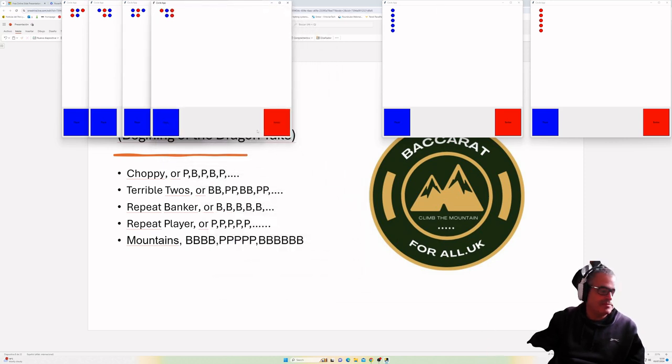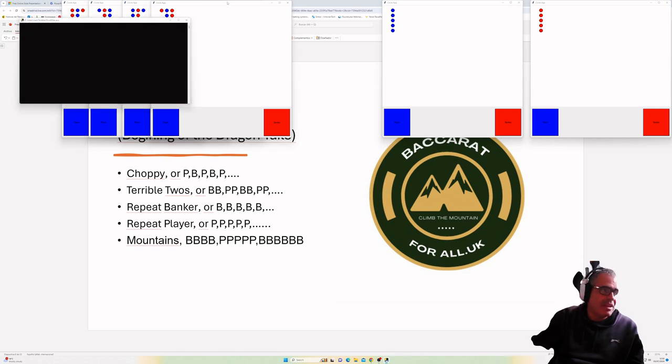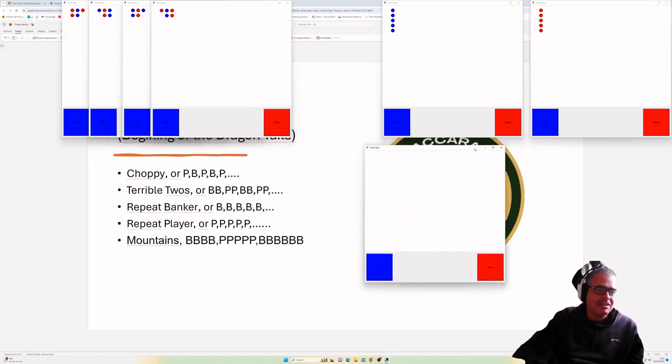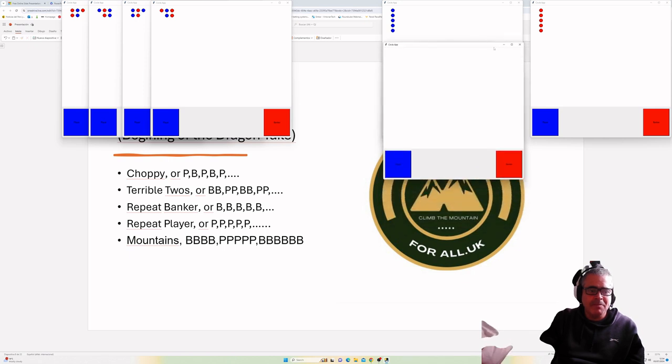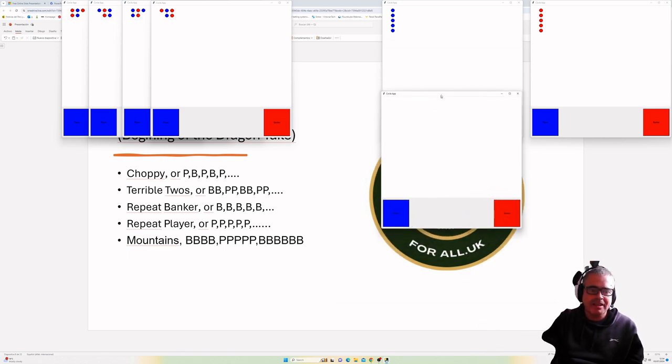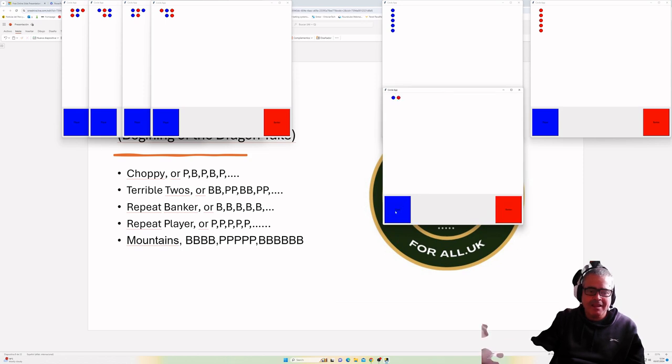Okay, we have a couple more. This one is as well very popular. It is the choppy. The choppy is like player, bank, player. And you have the other option as well.